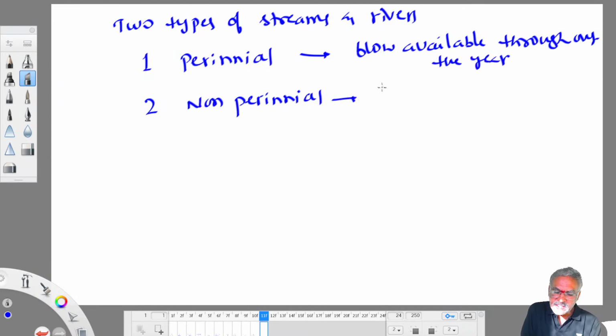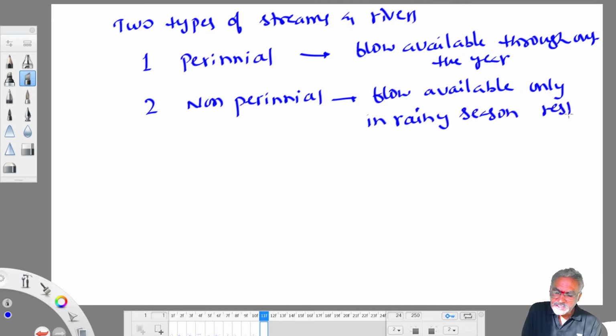Whereas non-perennial streams are seasonal. Flow is available only in the rainy season. For the rest of the period, the stream becomes dry. They are called non-perennial.